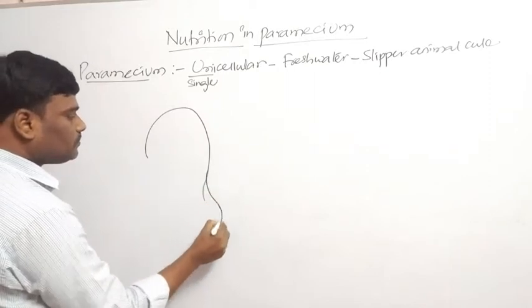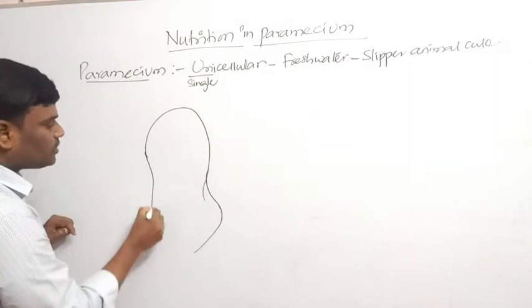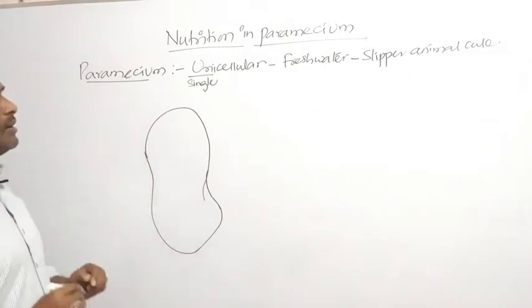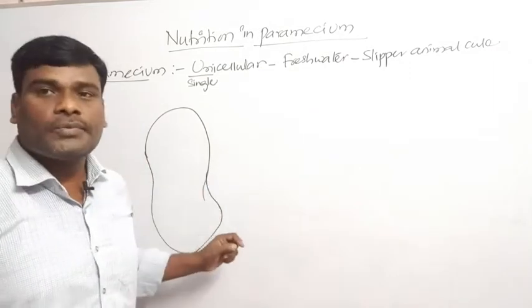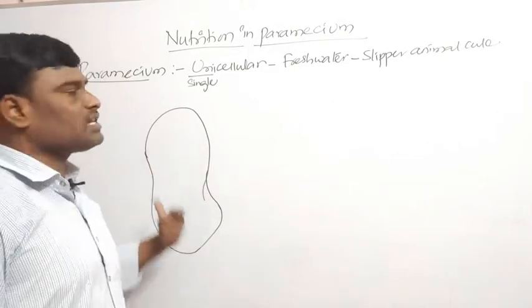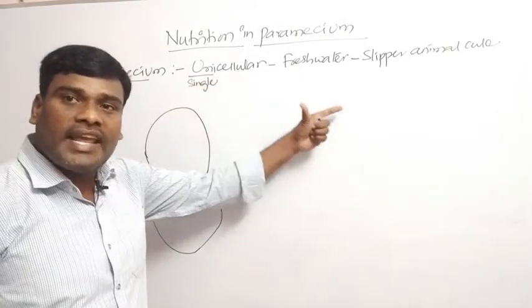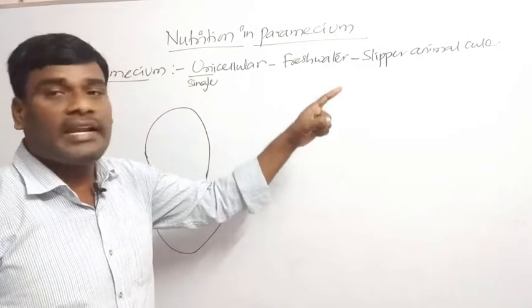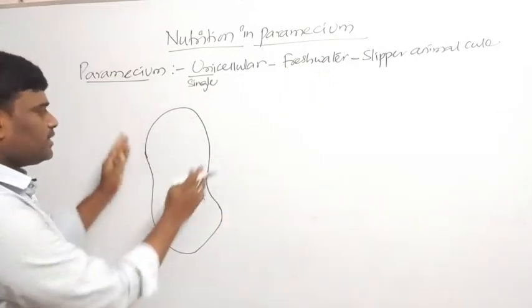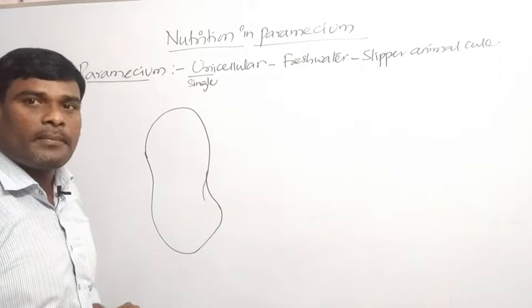See, when you observe this, children, it is looking like a what? Slipper. Because of the shape of the slipper, it is named slipper animalcule. So this is the outer shape of the Paramecium.